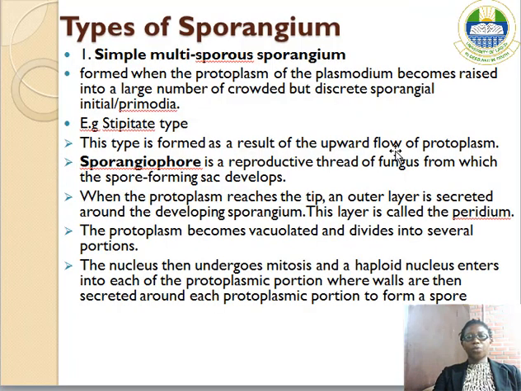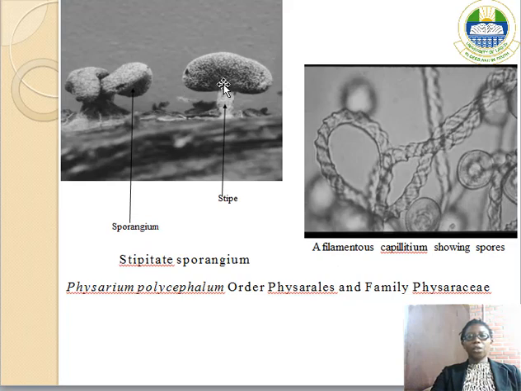For the types of sporangium, we have the simple multisporous sporangium, which usually produces its sporangium on a stipe. You call the stipe the sporangiophore. It brings all the cytoplasmic content from the stipe up to the level where it produces the sporangium, which eventually develops the spores.